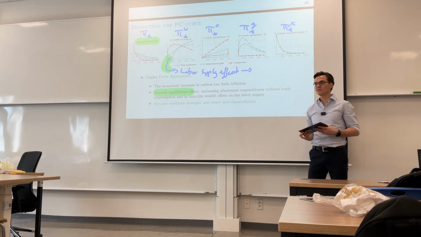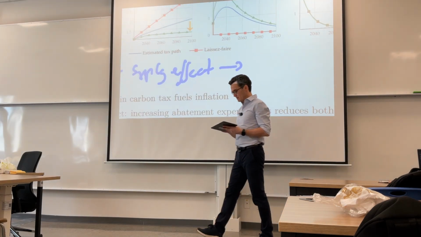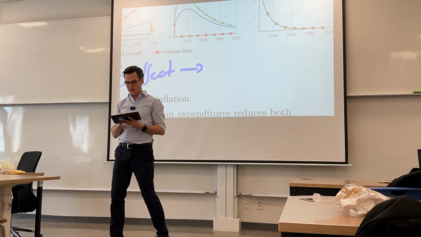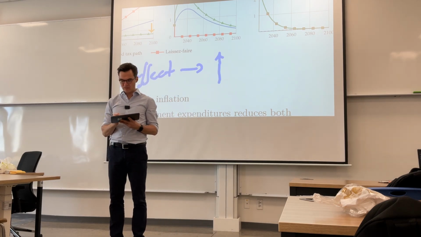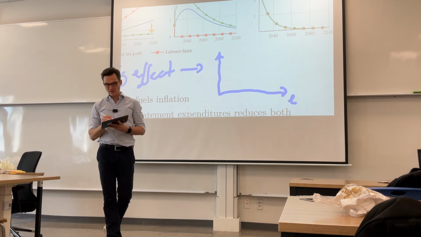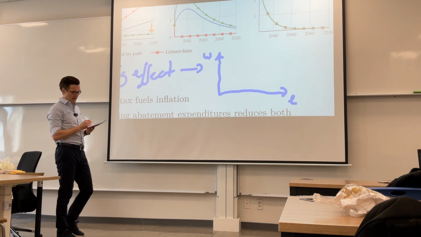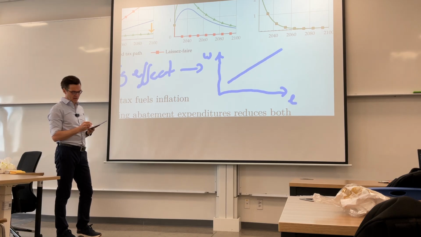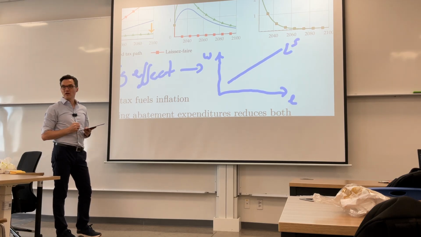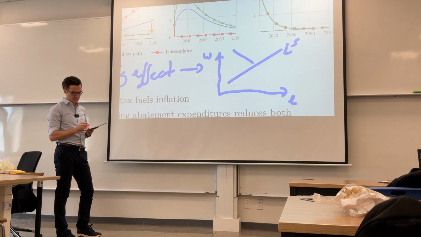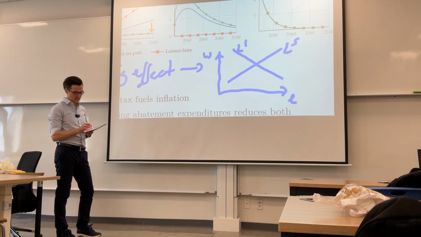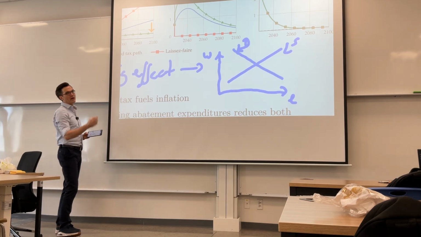The way to think about this is, let's just depict a labor market here, with labor or hours worked on the x-axis and the wage on the y-axis. Then we have a labor supply equation, LS, and a labor demand equation, LD. That's a standard labor supply, labor demand frame.